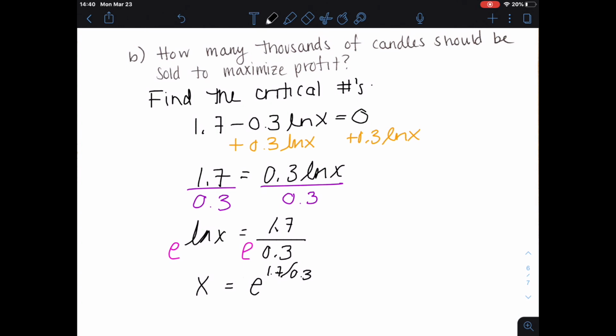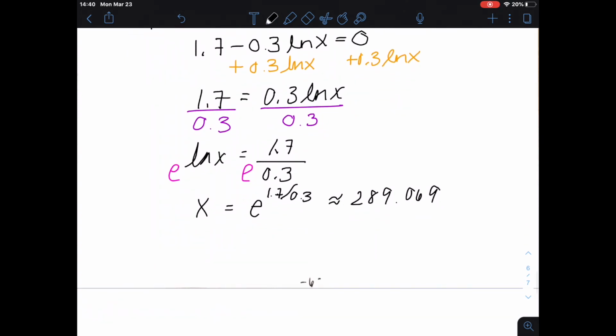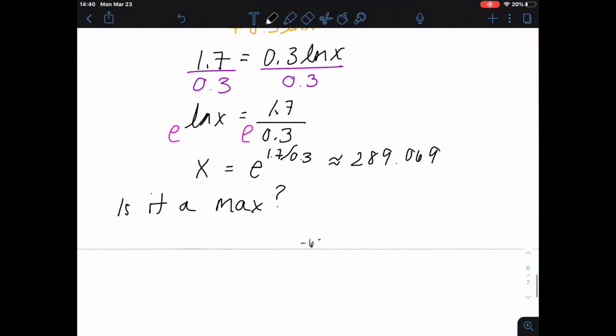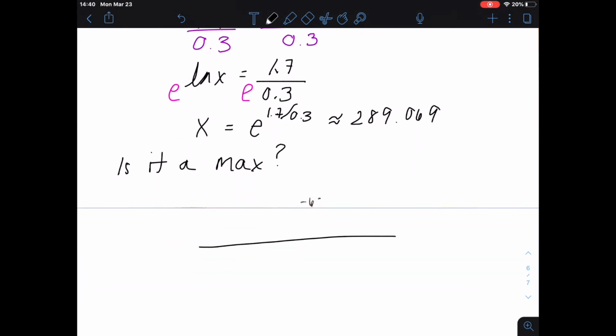And now if you plug that into your calculator, these are in thousands of units. So 289.069 thousand candles they would have to sell. So this is your only real critical number. You need to see, is it a max? Okay. So we need to test that yes, this makes our profit function a maximum.